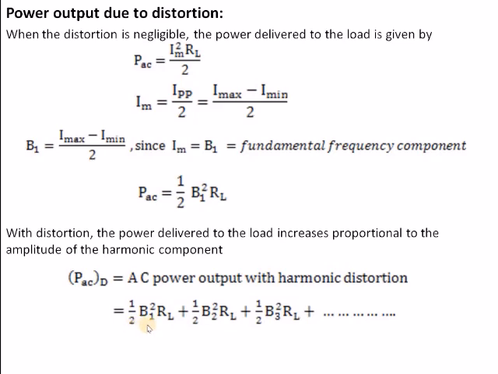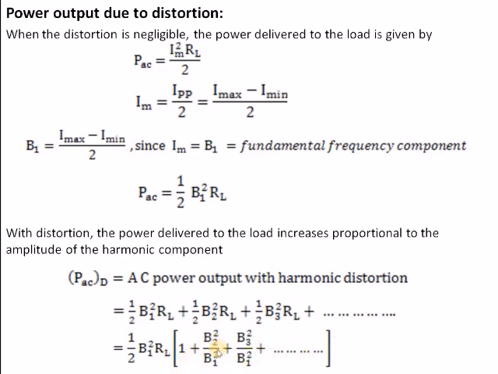In this equation, 1 by 2 B1 square RL is the AC power of the fundamental signal, 1 by 2 B2 square RL is the AC power of the second harmonic, and this is for the third harmonic, and so on. If you take the AC power of the fundamental signal as common, then the equation becomes like this.